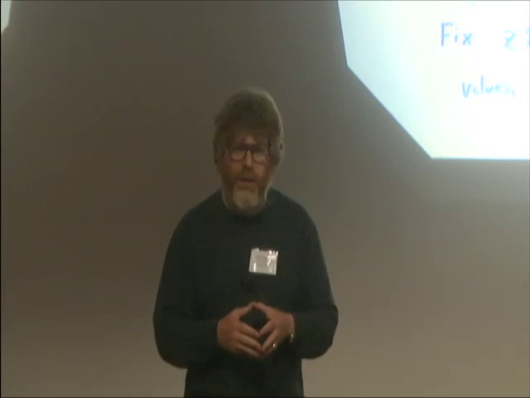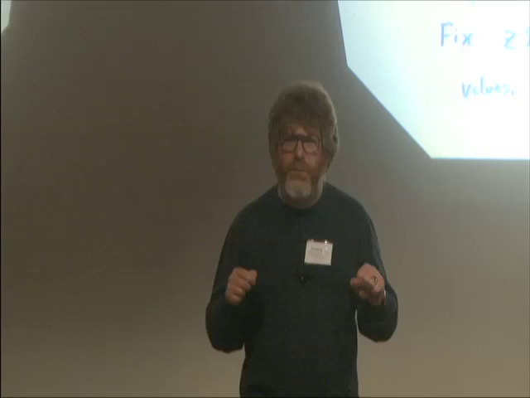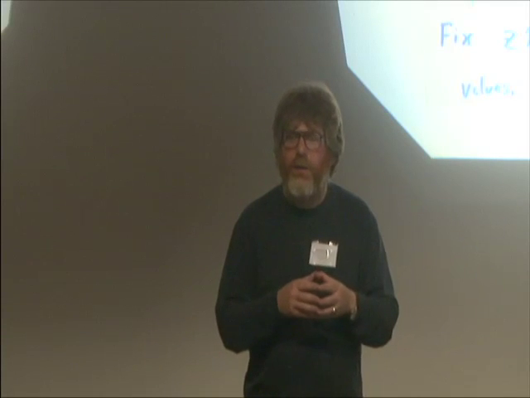You start with a combinatorial object called a design. A design is subsets of numbers from 1 to capital L. Each set is size little l, and the intersection of two elements of the design is small.